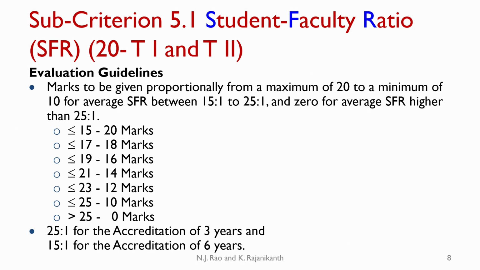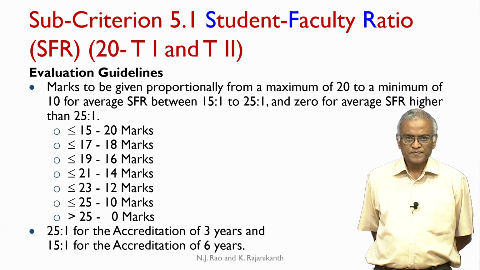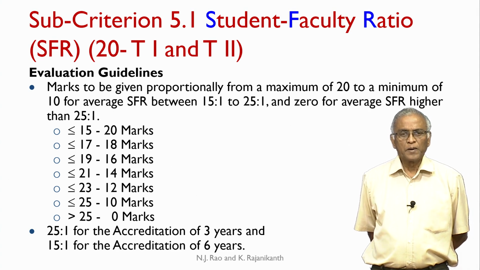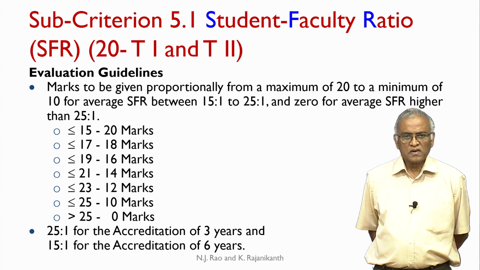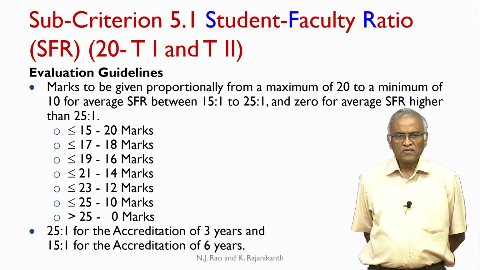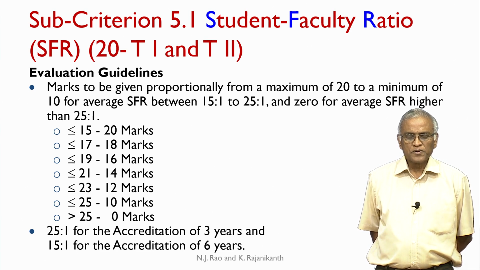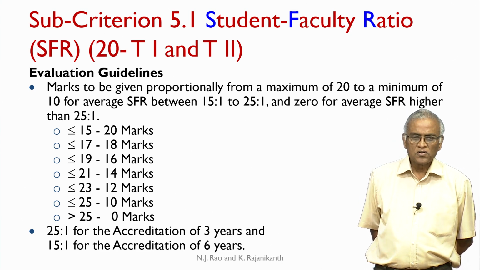Okay, let us start with criterion 5.1. It is student faculty ratio, and the same number of marks are given for both tier 1 and tier 2, and the evaluation guidelines are fairly simple. You have to compute the total number of students that you have, and how do you compute that?